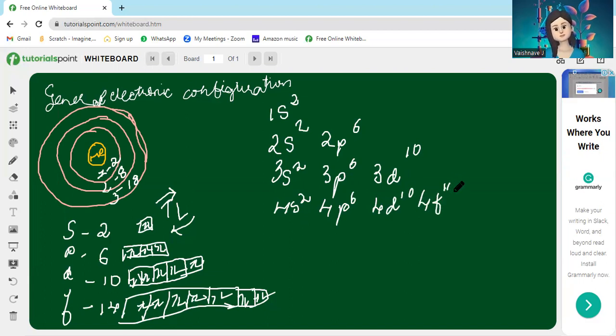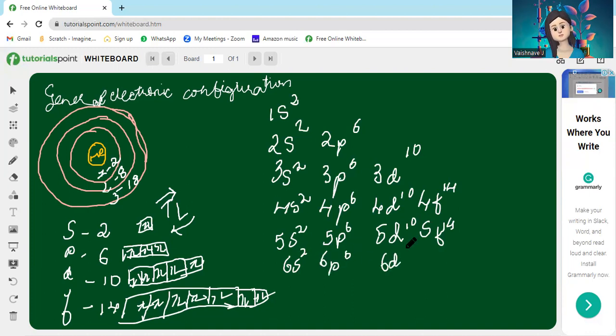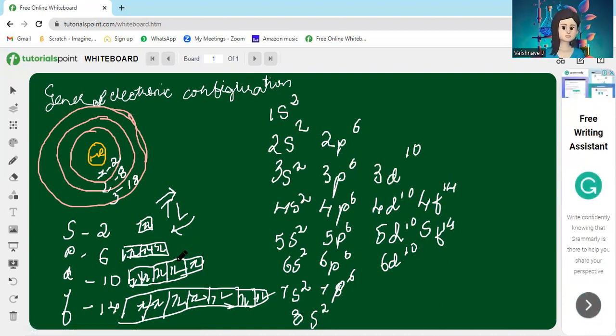Then after that, you have 5s2, 5p6, 5d10, and 5f14. Then you have 6s2, 6p6, and 6d10. Then we have 7s2, 7p6, and at last we have 8s2. Clear? So this is the way it is in each shell.